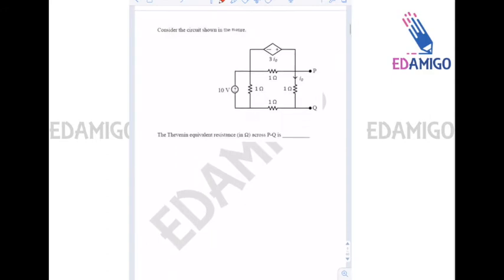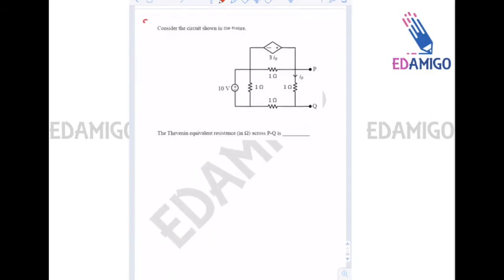Now this is question number 2 for this part. Here we have to find the Thevenin equivalent resistance between P and Q. First of all I will copy the figure.